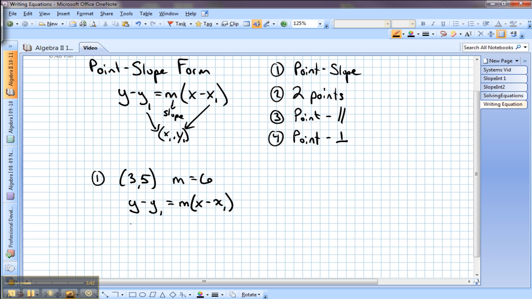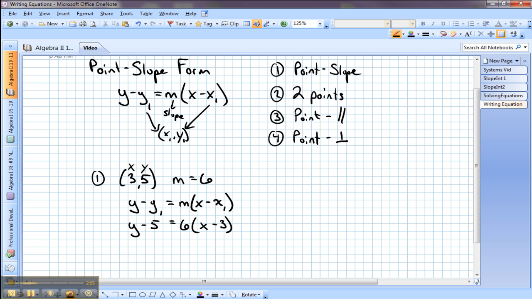And then substituting in our point, we get y minus 5 equals 6 goes in for the slope, and then we have x minus 3. The 3 went in for x because that was the x value in the ordered pair. The 5 went in for y because that was the y value. And then we also knew that m was equal to 6.